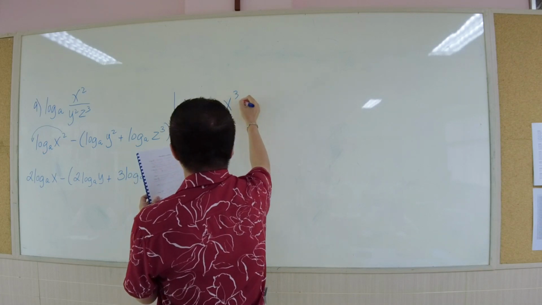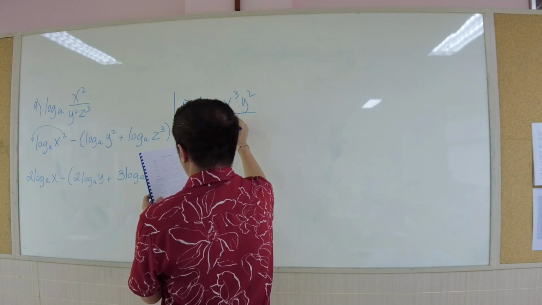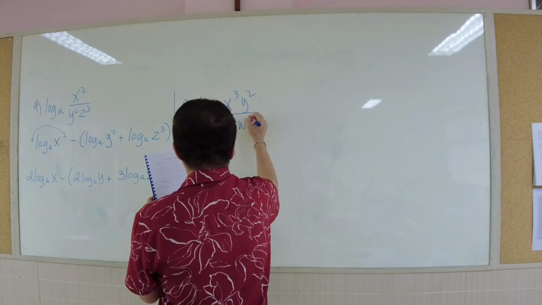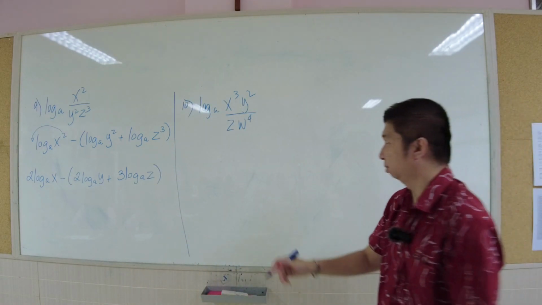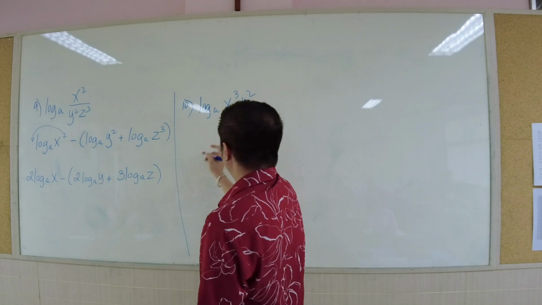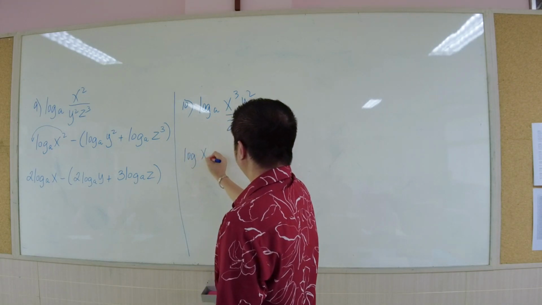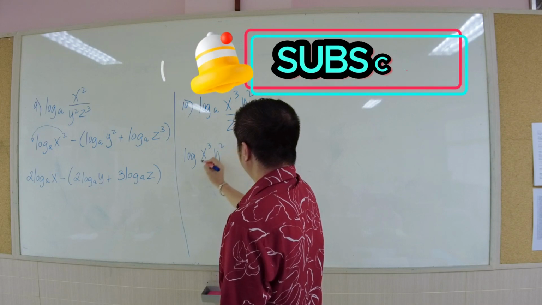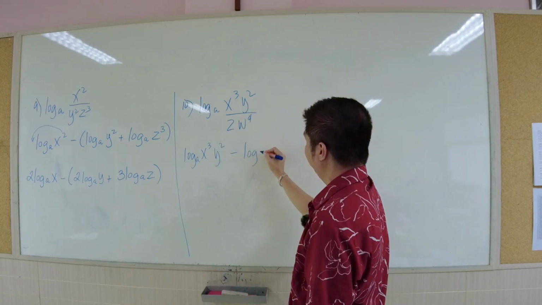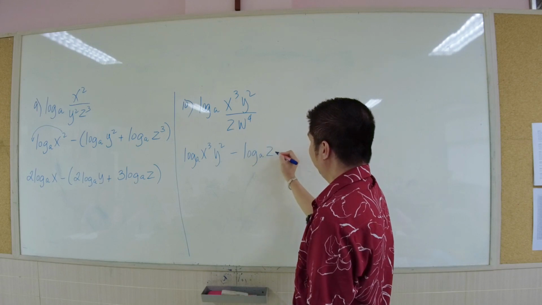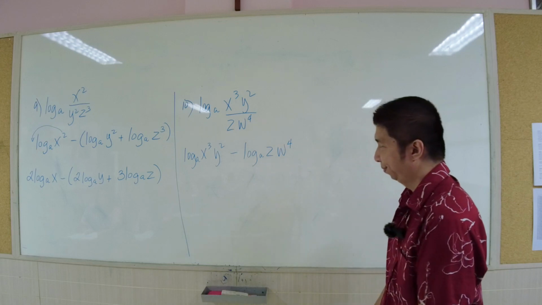X power of 3, y power of 2, z, w power of 4. Let's do it step by step. X power of 3, y power of 2, minus logarithm of z, w power of 4.